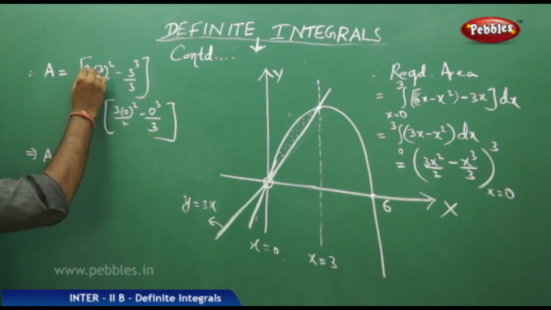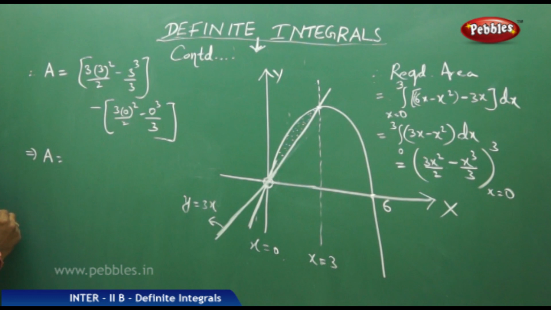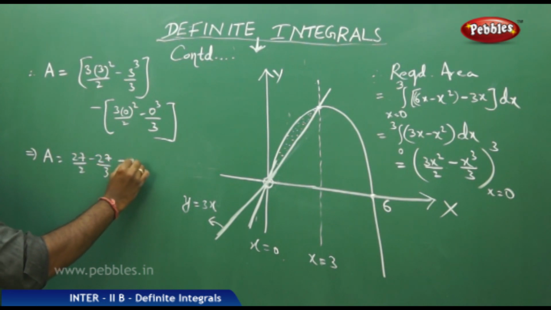That implies A is 3 times 3 squared, that is 3 cubed by 2 minus 0.